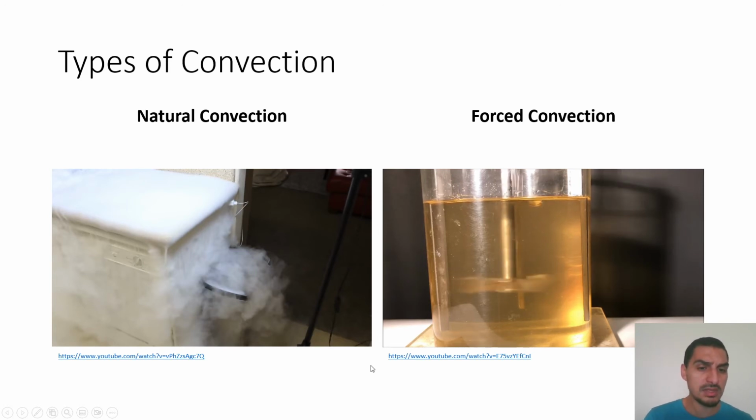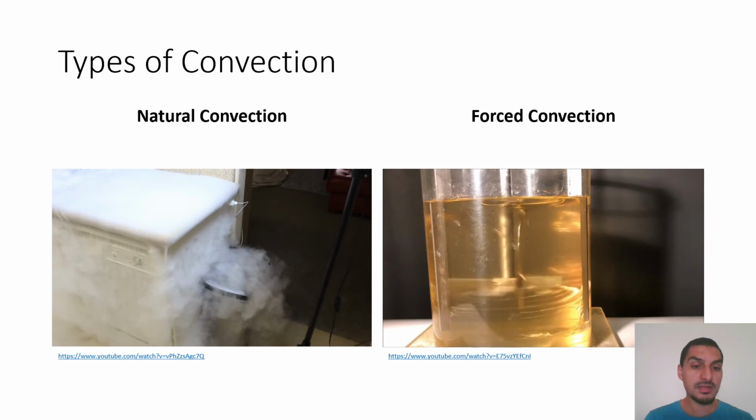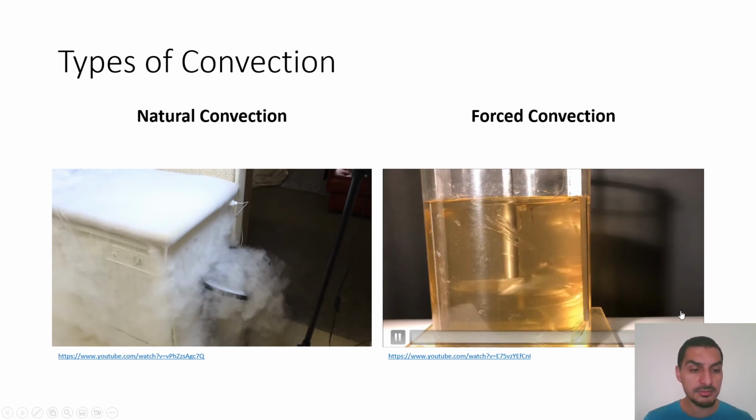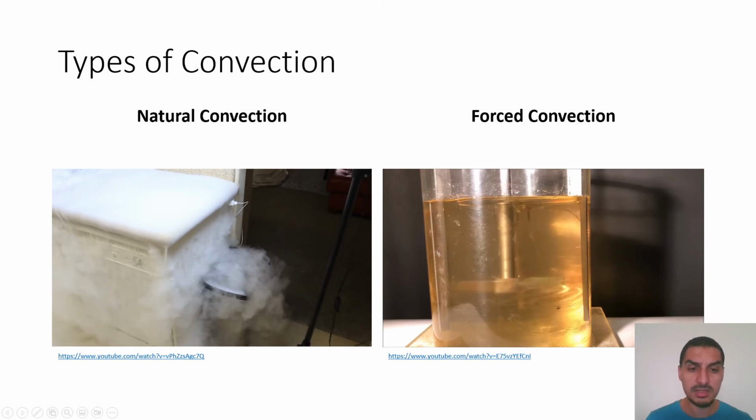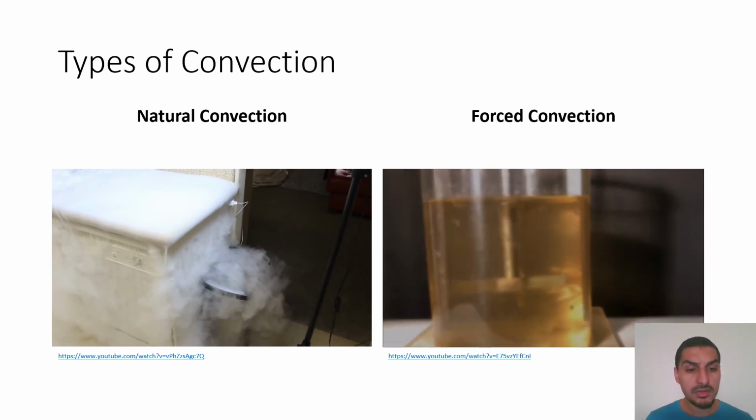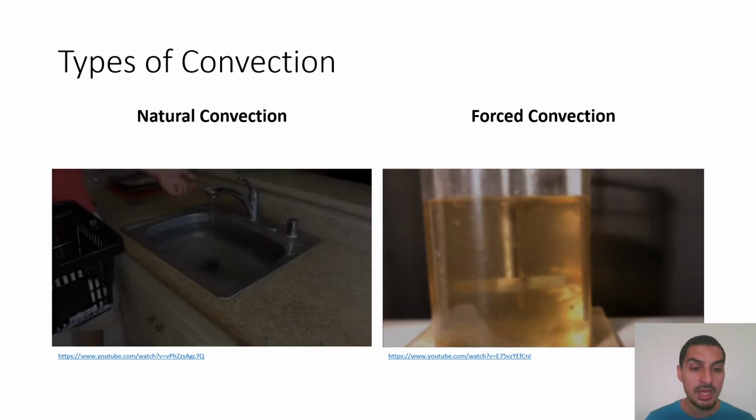So as we see in this mixing tank here, it's a viscous oil, and due to the mixing, you can see the two fluids are getting mixed together well. The concentration is getting more homogeneous due to the application of external force, which is forced convection.